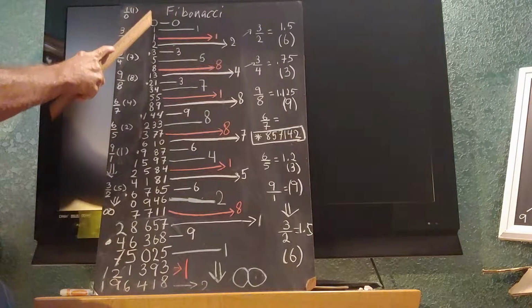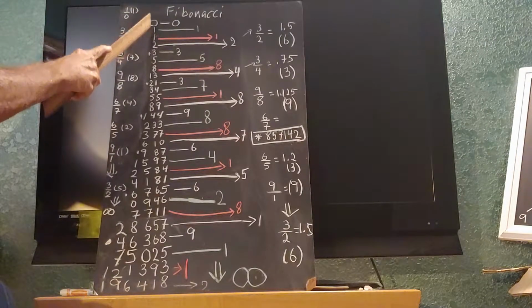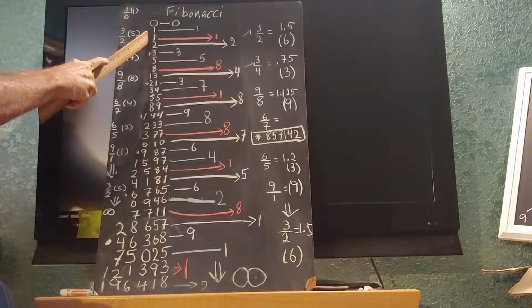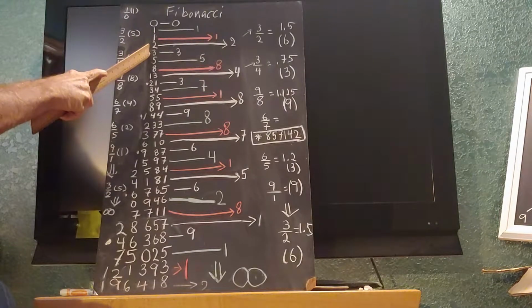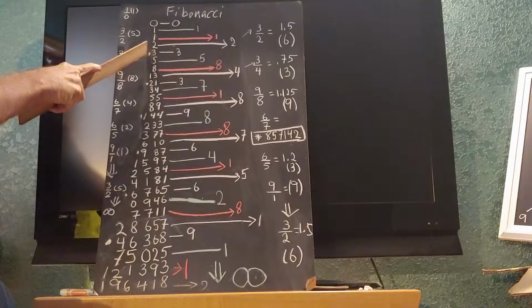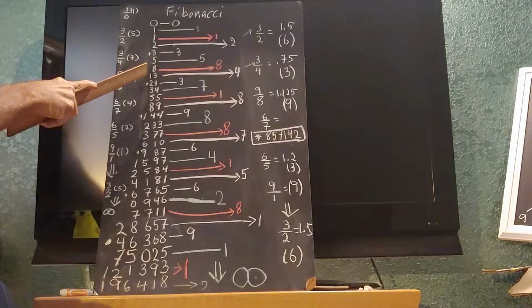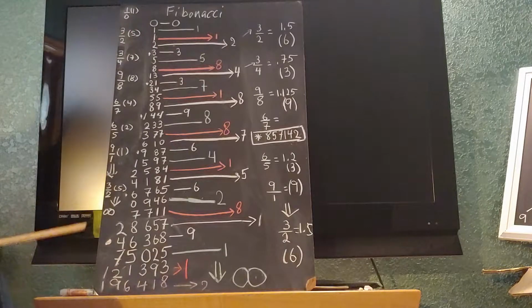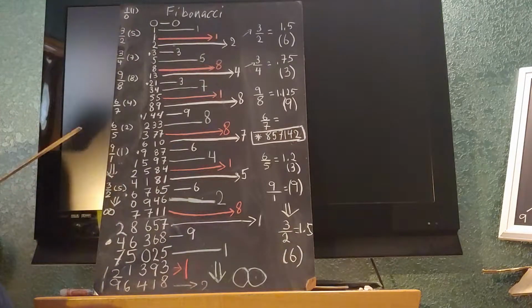We go 0 and 1 equals 1, 1 plus 1 equals 2, 2 plus 1 equals 3, 3 plus 2 is 5, 5 plus 3 is 8, 8 plus 5 is 13, etc. And that does go to infinity.